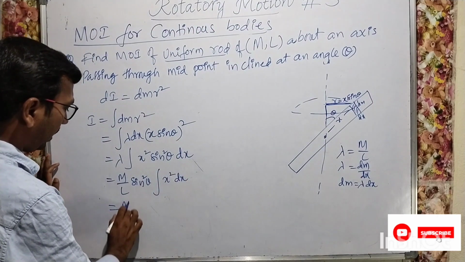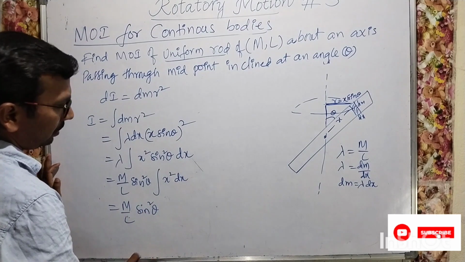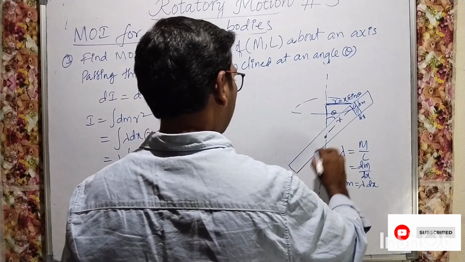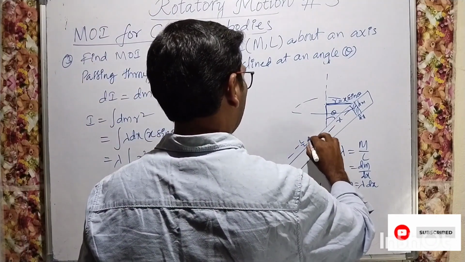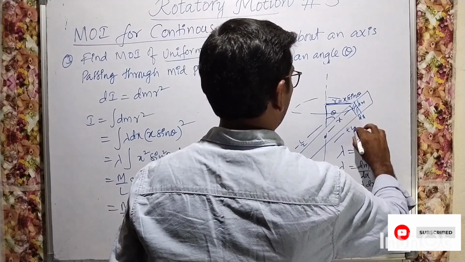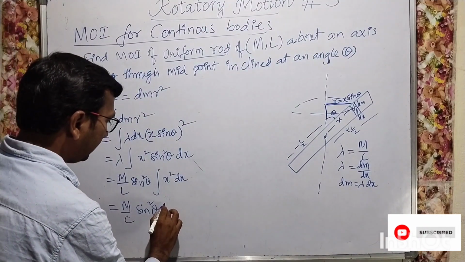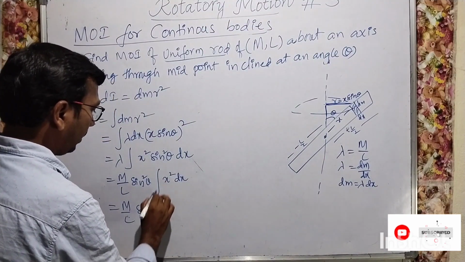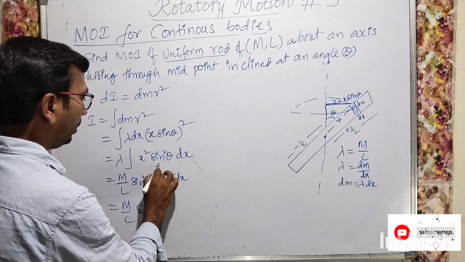So here m by L sin square theta, and the limits are from minus L by 2 to plus L by 2.